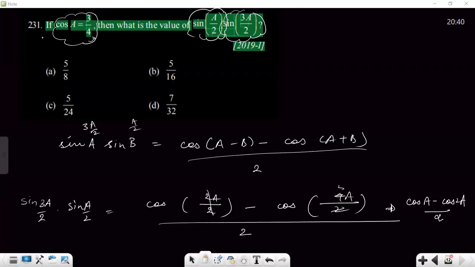Now, we are aware of the value of cosine of A. It is given to us. And we know cosine of 2A can be written in the form of cosine A with this formula. Let's bring this to the next page.